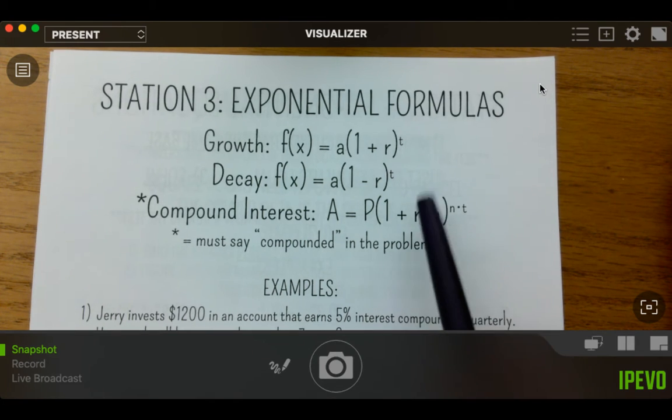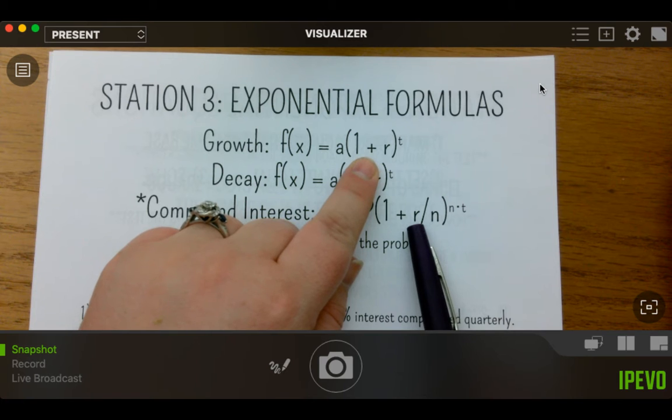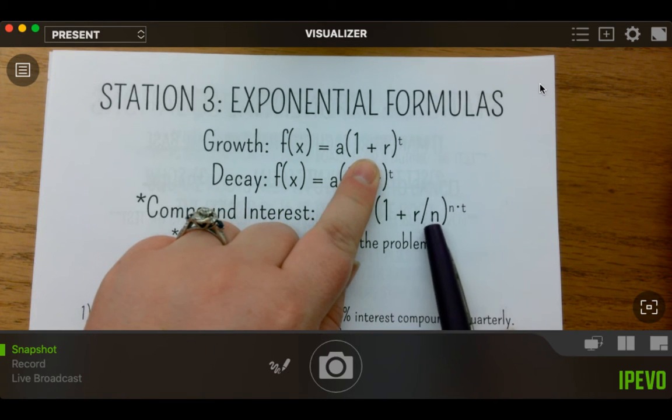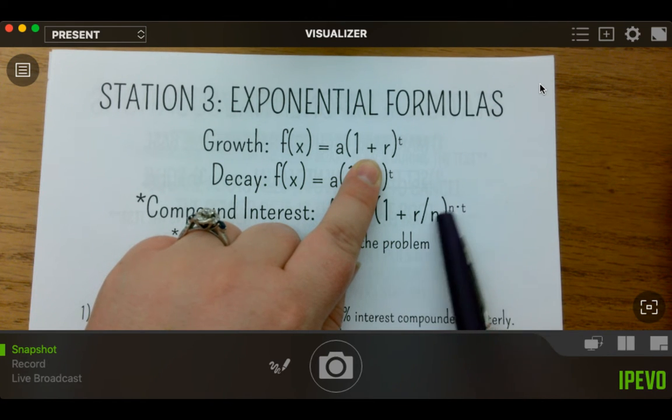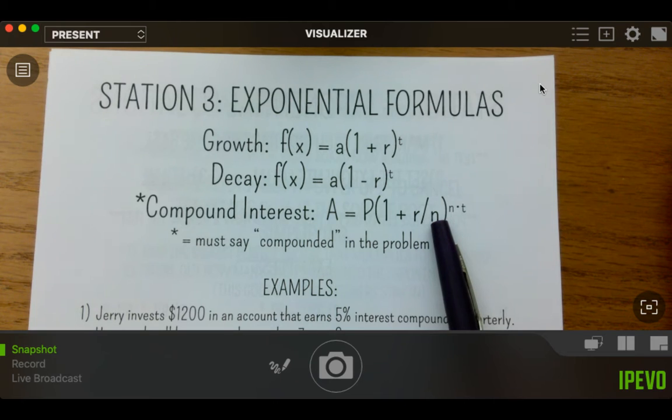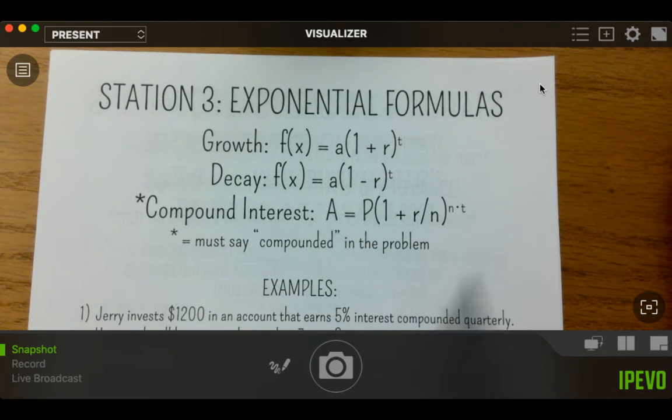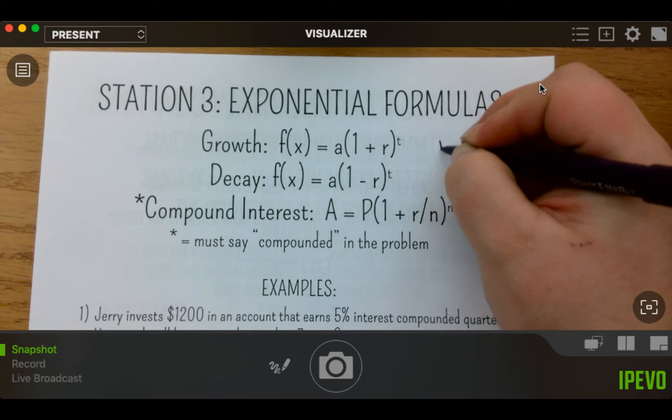And the difference here is that these two are almost exactly the same, but you'll notice that there's this divide by n and to the power of n times t. So you're adding in this n, and n is the number of times per year. Okay, and then I'm going to make a note over here to the side.